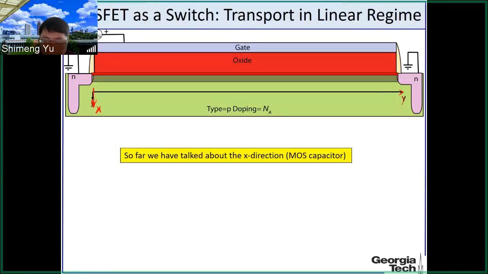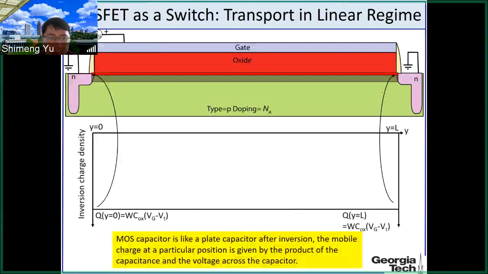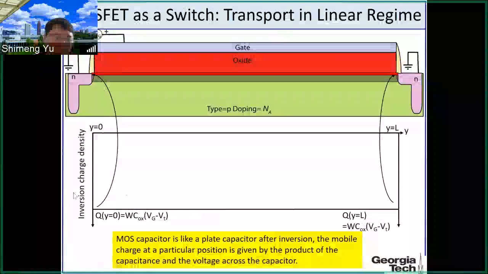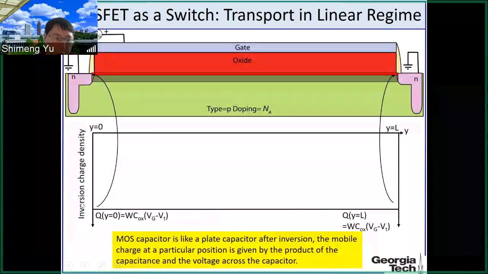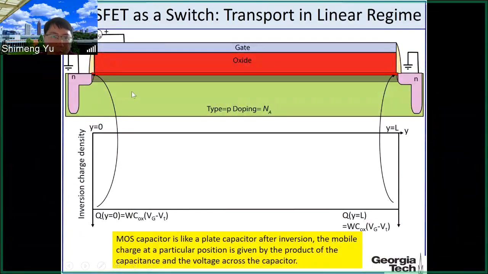And then we want to look at the charge distribution. That is the mobile charge, which is the inversion charge. And in this NMOS case, the inversion charge is the electron. So we want to know the free electron density along the channel from the source to the drain. First, let's look at the drain voltage equals 0 case.